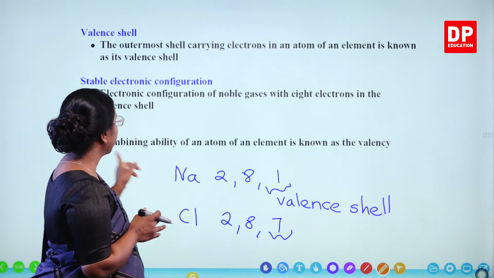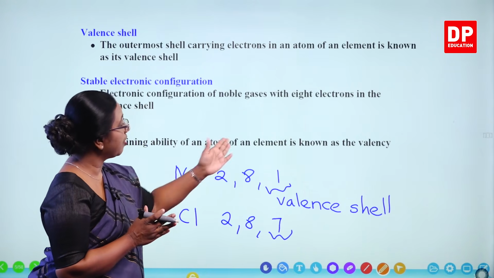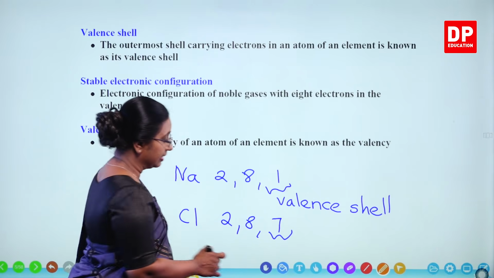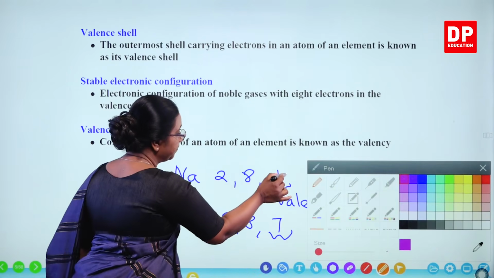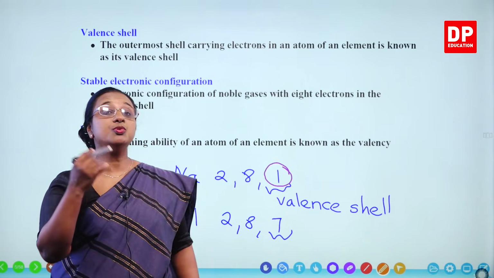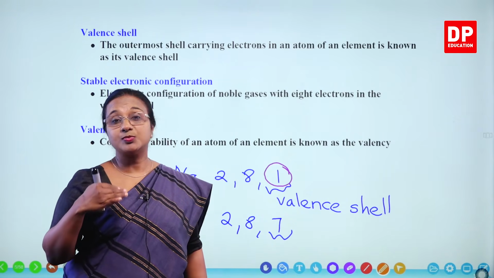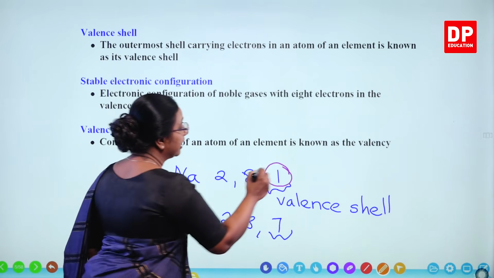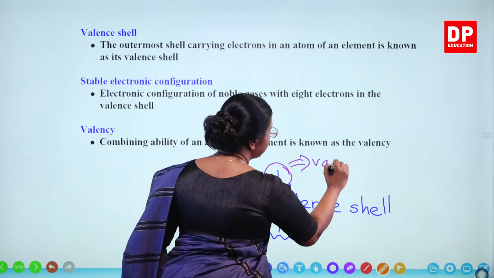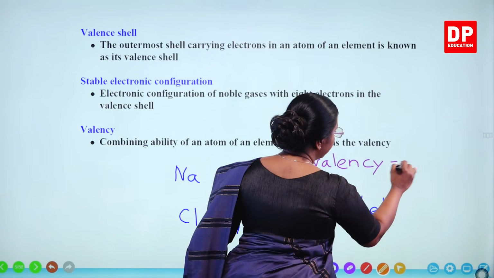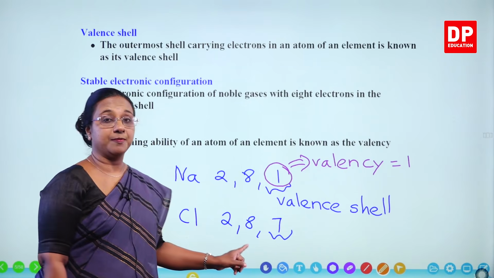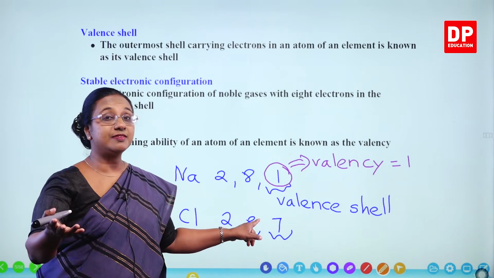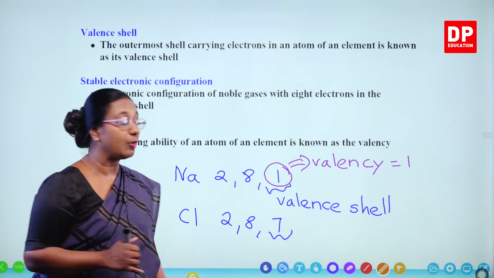Now valency is the combining ability of an atom of an element. If we take these two elements, sodium, it's easy for sodium to lose one electron because 1 is a smaller number compared to gaining 7 electrons. So the valency of sodium becomes 1, that you already know. The same way for chlorine, although it has 7 electrons, rather than losing 7 electrons, it's very easy to gain 1 electron.